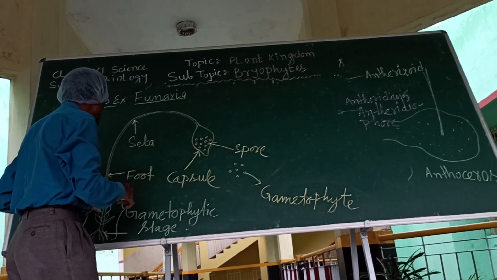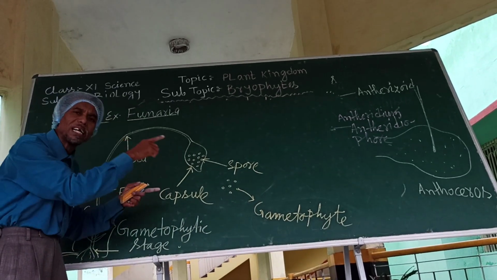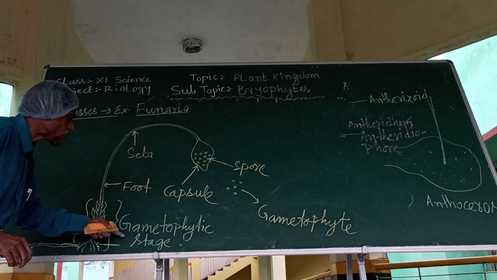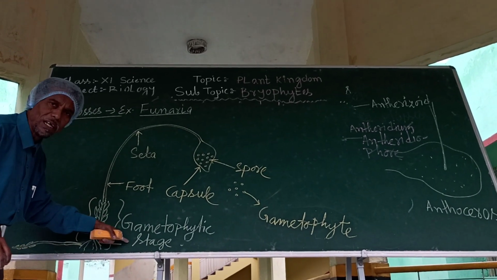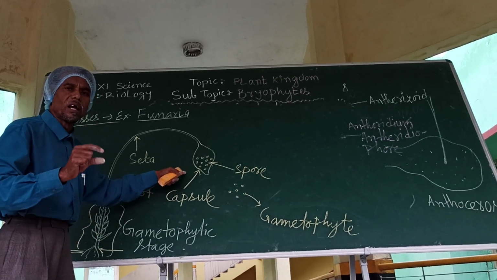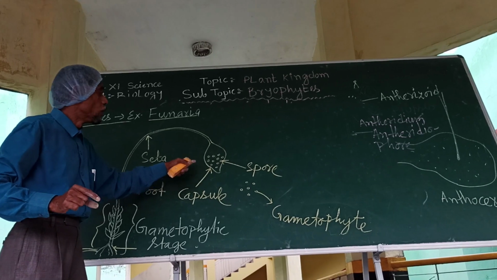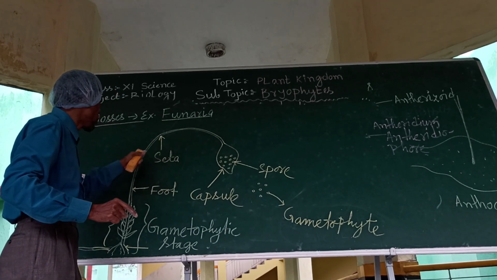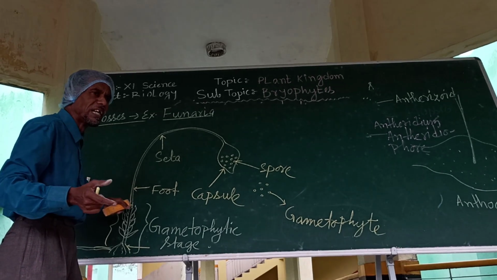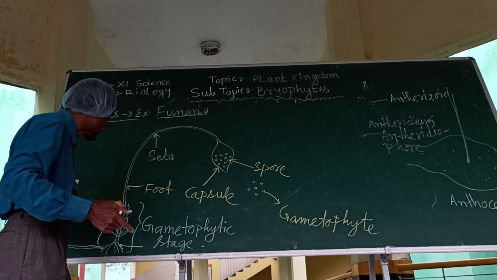So the gametophyte and sporophyte repeat in their life cycle, but the predominant stage of their life cycle is the gametophyte stage. Sporophyte is a part in their life cycle which lives as an obligate parasite. It is not a parasite in the true sense; it is a part of its life cycle.